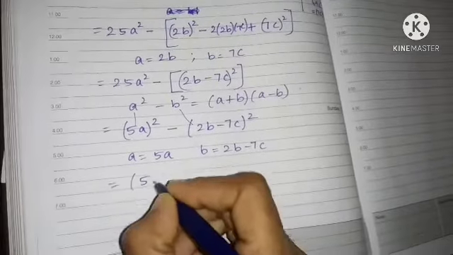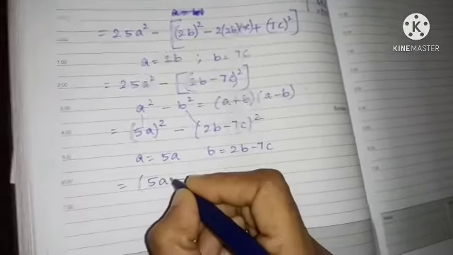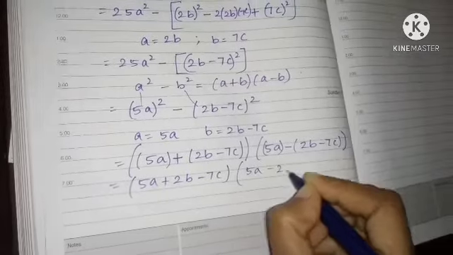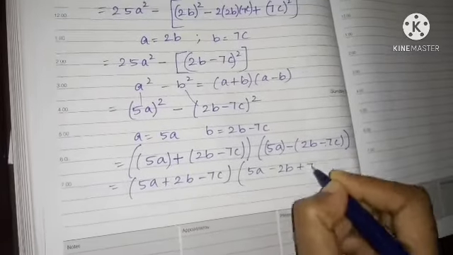So now a plus b into a minus b. Now 5a plus 2b minus 7c, into 5a minus 2b, minus into minus, plus 7c.